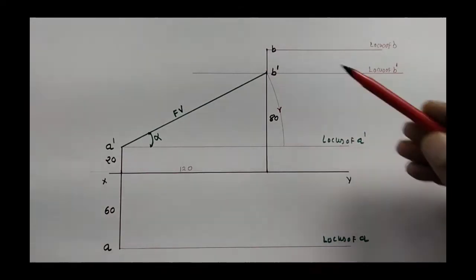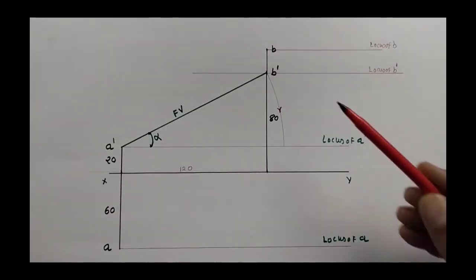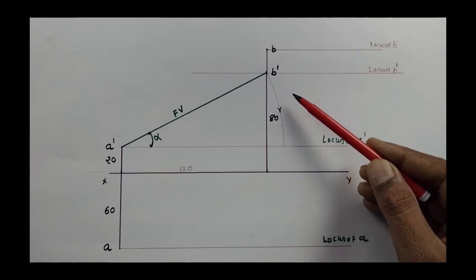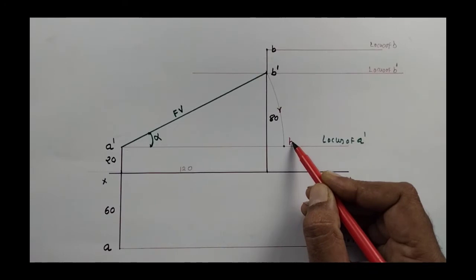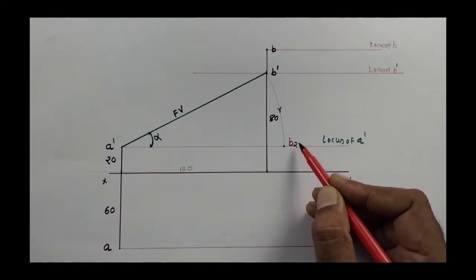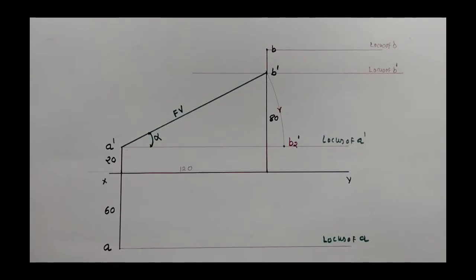So your elevation point B dash is moving. This is my true length end point B2 dash.